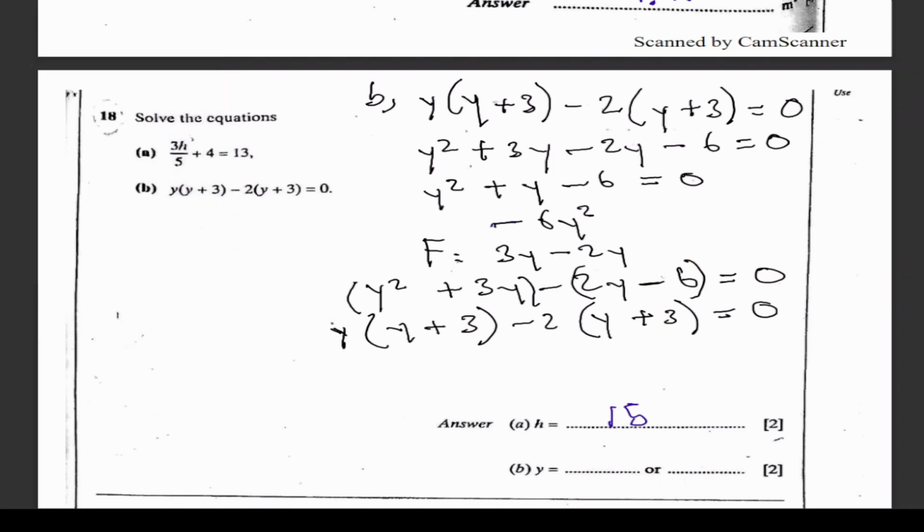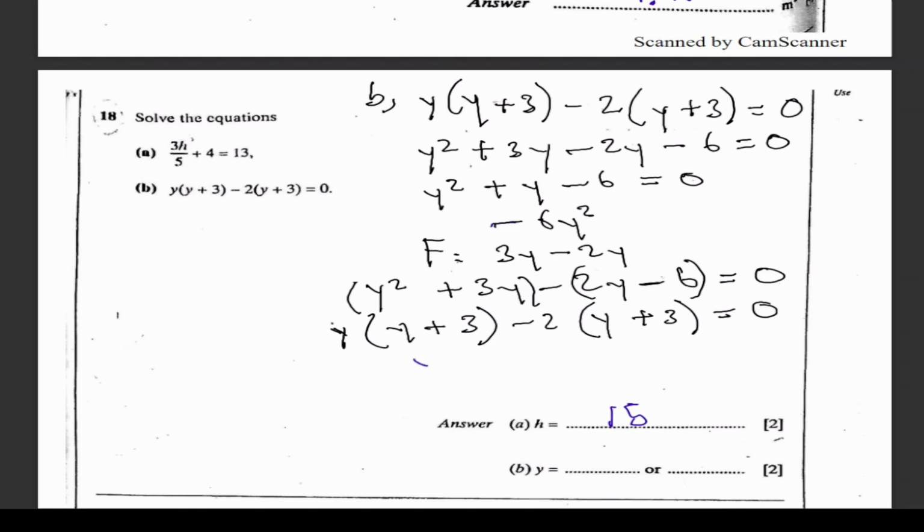Then a litmus test for the factorization method is to find that your brackets are the same. In this bracket it is y plus 3. In this bracket it should also be y plus 3.